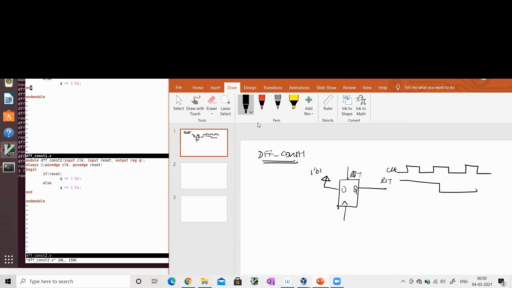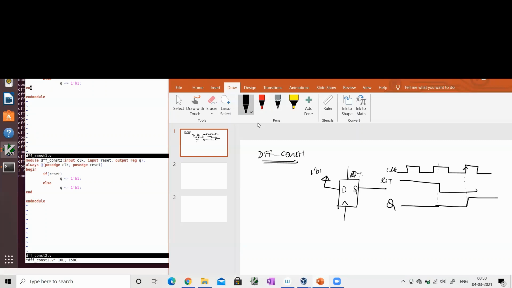My D is always 1'b1. So since reset is applied like this, the Q will always be 0, but removal of reset does not mean that Q is going to become 1 immediately. It is going to wait for the next clock edge. It cannot become 1 immediately. This is your Q.